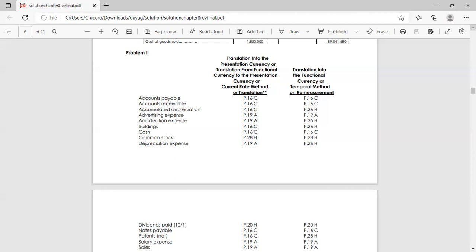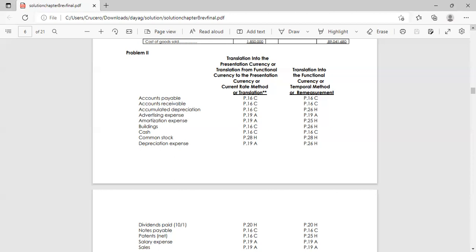So we assume that sales, purchases, and expenses are evenly spread over the period. So for operating expenses, we use the average rate for 20x9, and it's the rate of 0.19. That's the average for 20x9.